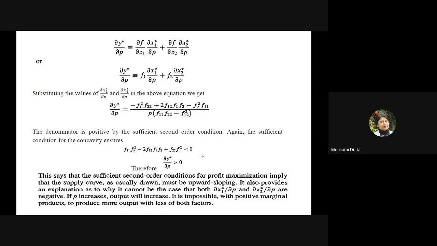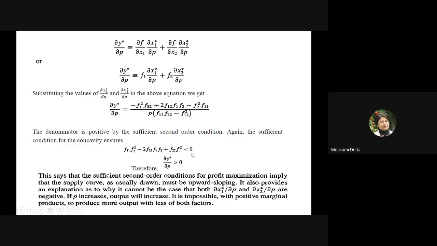Quasi means, in that case, you have to add one equal sign, less than or equal to. So I am telling that the denominator is positive by the sufficient second order condition. Again, the sufficient condition for concavity ensures this.